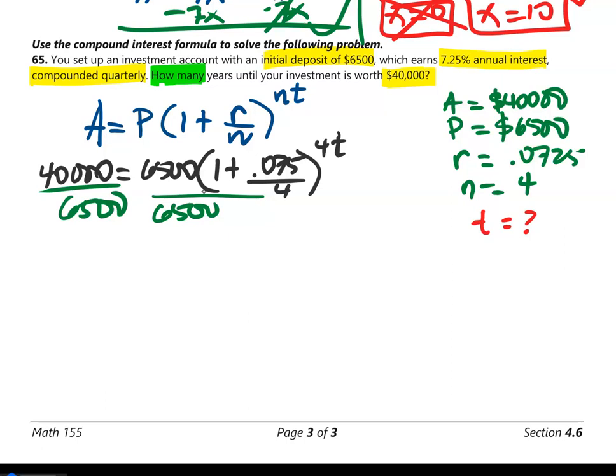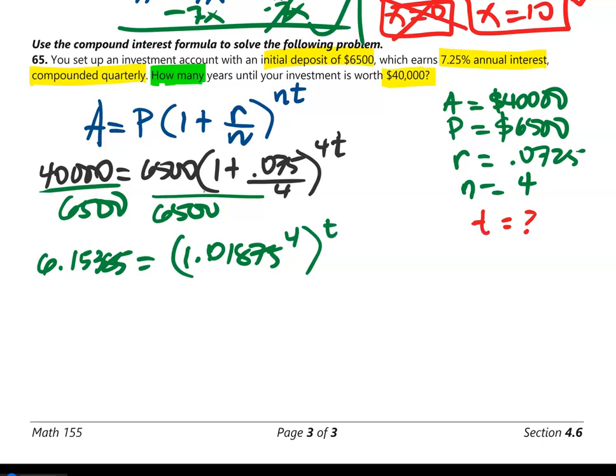And 40,000 divided by 6,500 is like 6.15385 is equal to, 0.075 divided by 4 is 0.01875, so 1.01875 to the power of 4, raised to t.